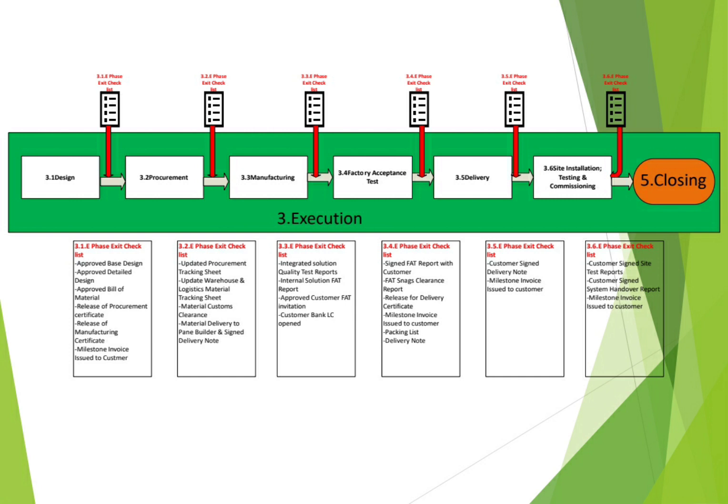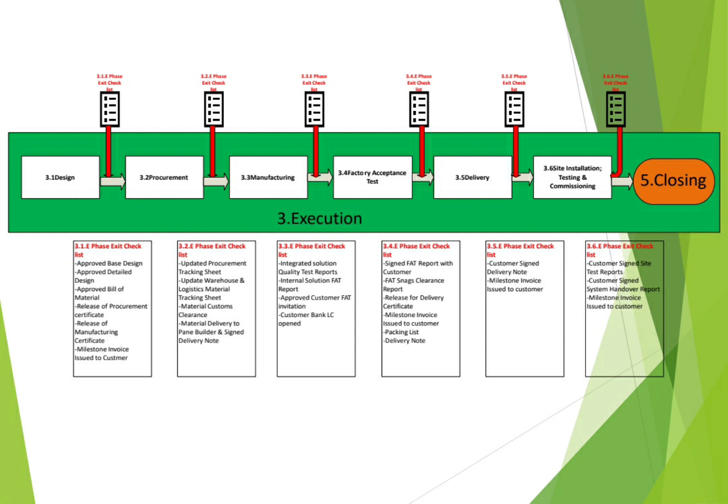After testing and commissioning, there is normally a milestone for invoicing, where you need to ensure that your customer approves this invoice after you complete the site installation, testing and commissioning, and before you submit your as-built or start site snags closing. This is very important. The contract needs to be respected by both parties. So you need to ensure that this invoice is approved and paid to your company, at least approved.